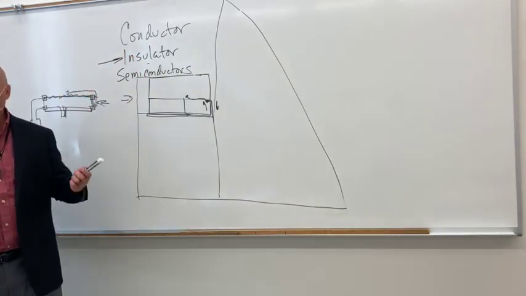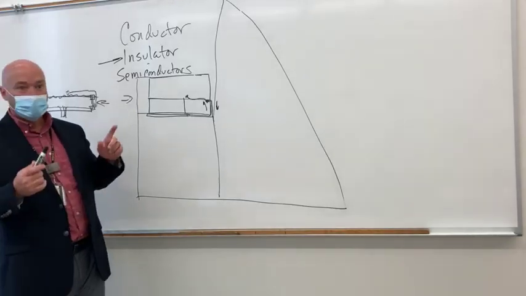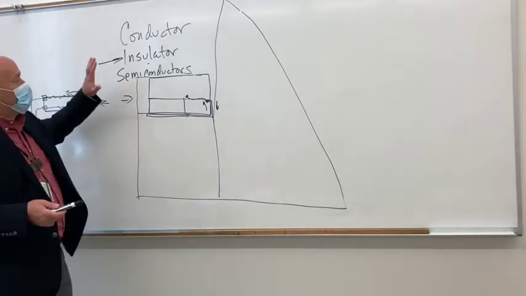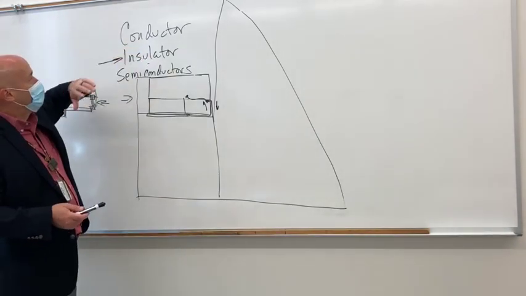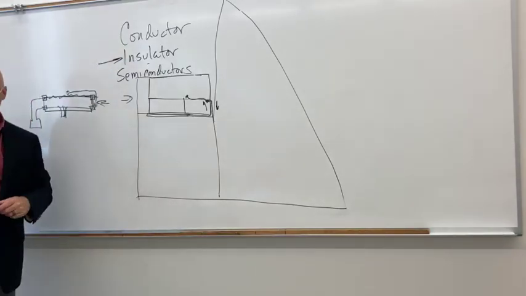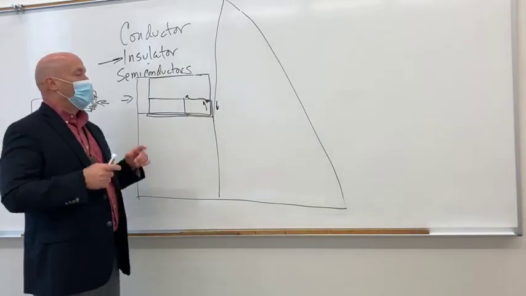You're going to get blasted if you touch any electric source. So in its purest state it is an insulator, but with any impurities it becomes a very good conductor, and therefore it is a semiconductor.